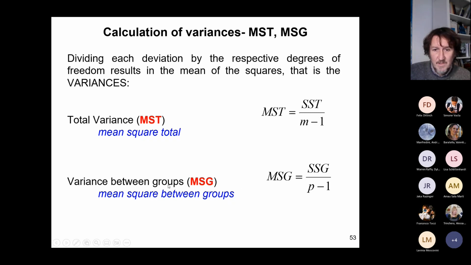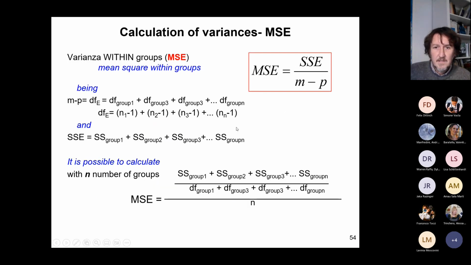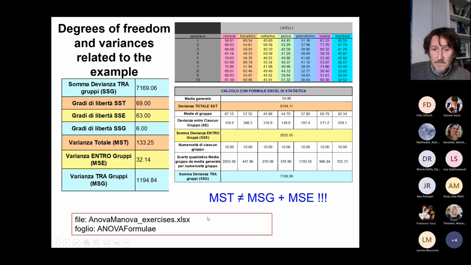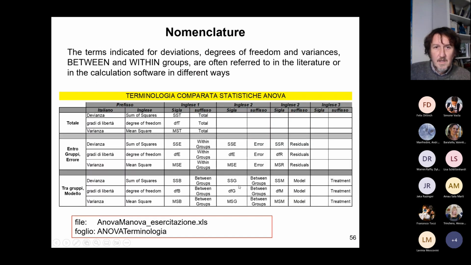The variance between groups is the deviance between groups divided by the degrees of freedom between groups, etc. But be careful that the total variance is different from the sum of the other two.